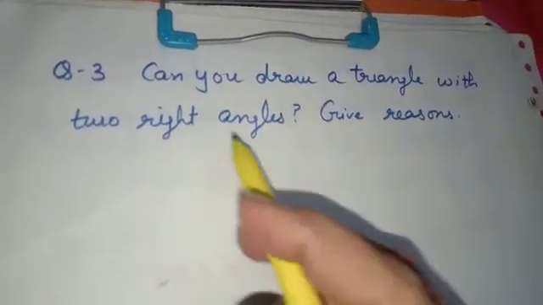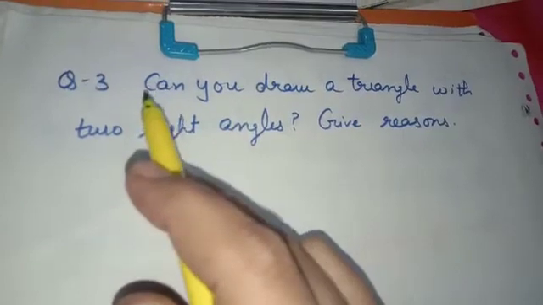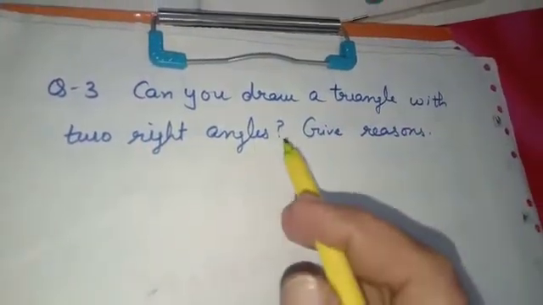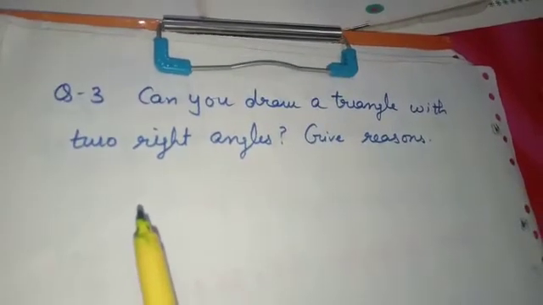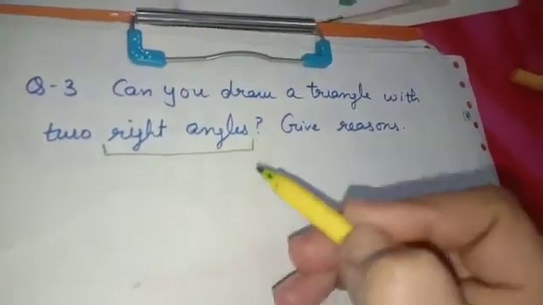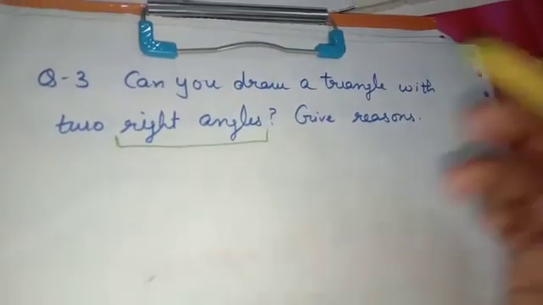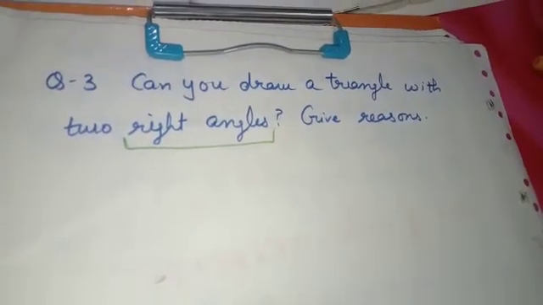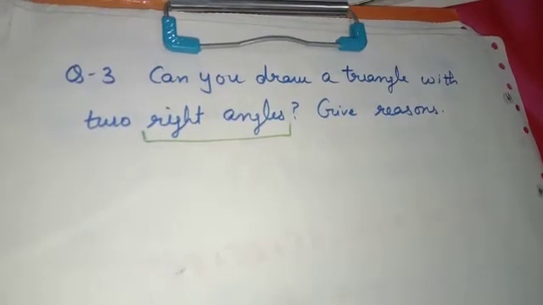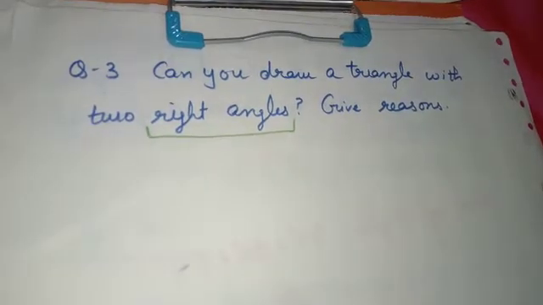Let's start question number 3. Can you draw a triangle with two right angles? Give reasons. In class 4, you studied about right angles. Do you remember what a right angle is? Yes, an angle which measures 90 degrees is called a right angle.